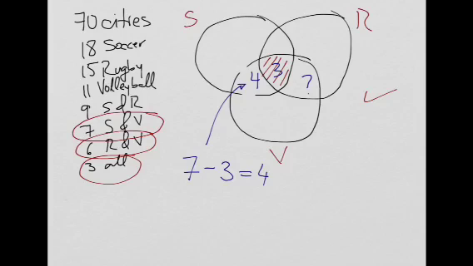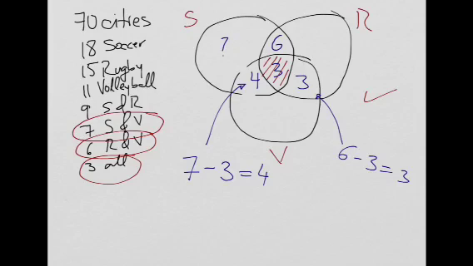So again, in here we're gonna do 6 minus 3, and we're gonna get 3. That's why we have 3 in there. Okay, so similar way, this is gonna be 9 minus 3. That's gonna be 6.